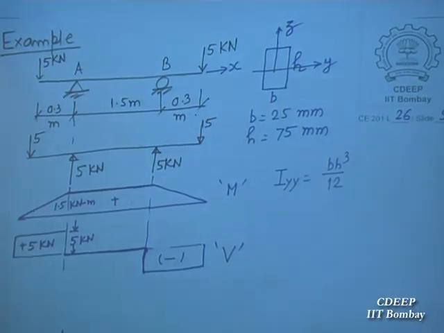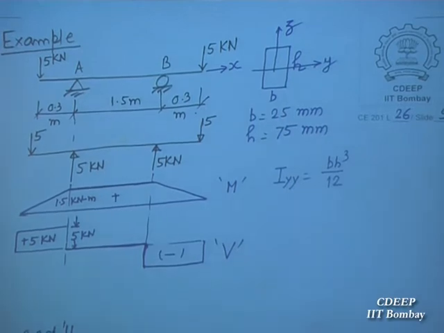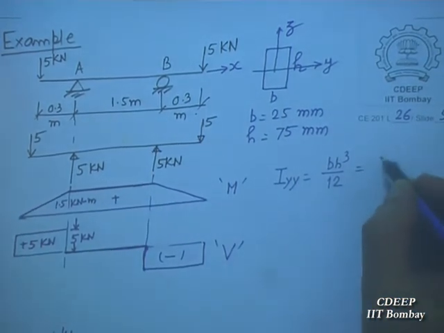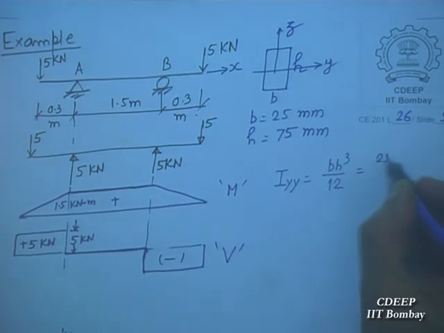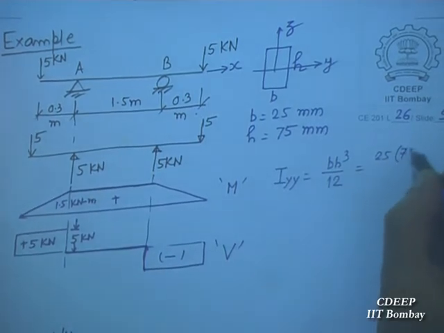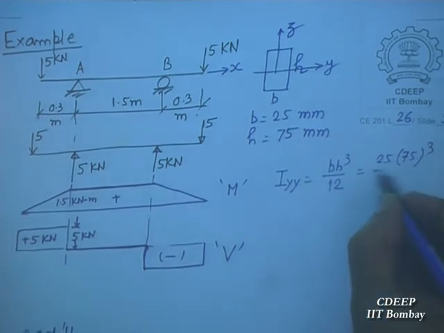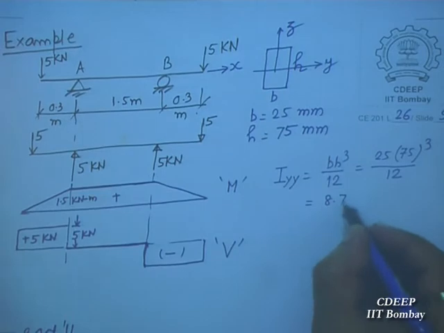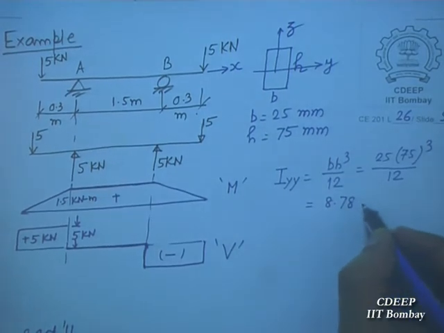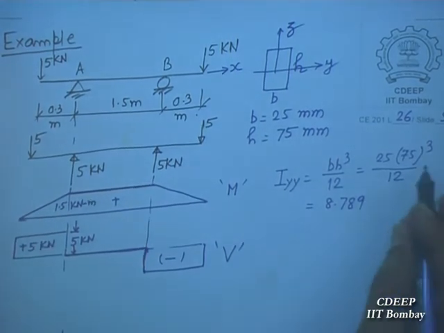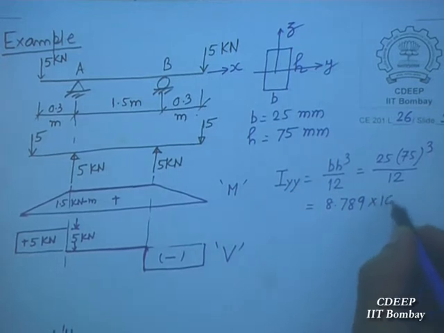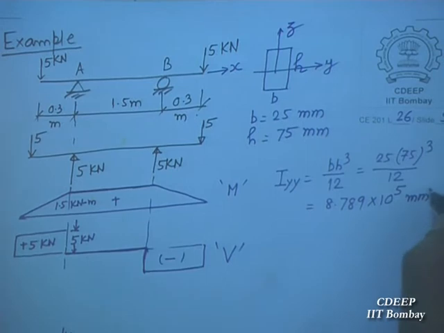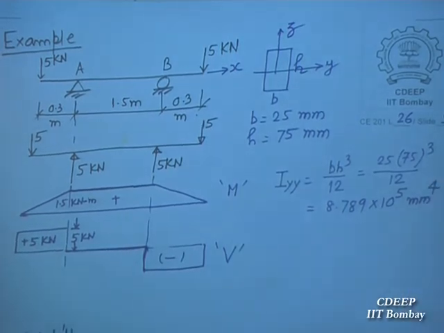B is 25, H cube is 75 cube, divided by 12, and that turns out to be 8.789 into 10 to the power 5 millimeter to the power 4.